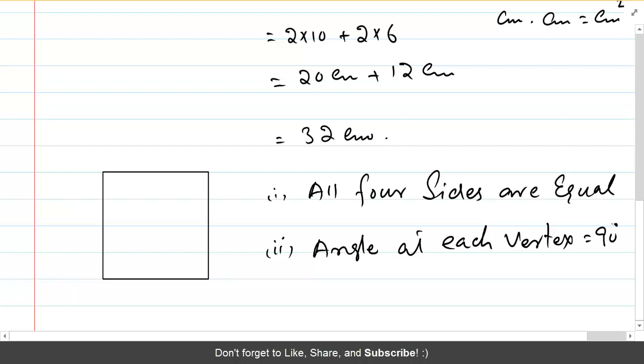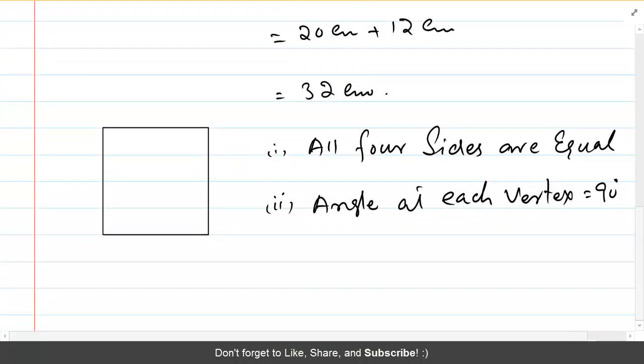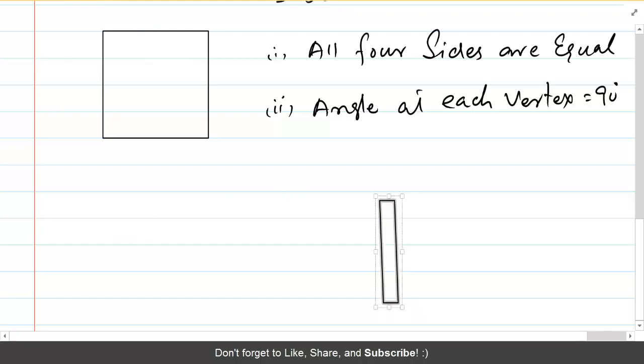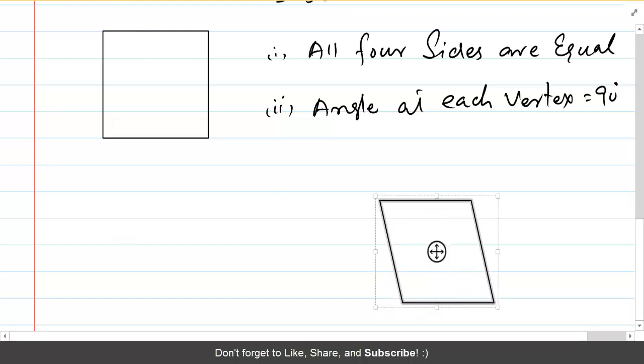If you want to find another member of the family, it is called the rhombus. Now the rhombus definitely is of this shape. This is a rhombus. A rhombus has all four sides equal.